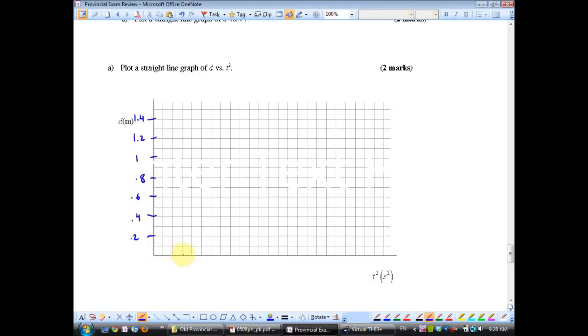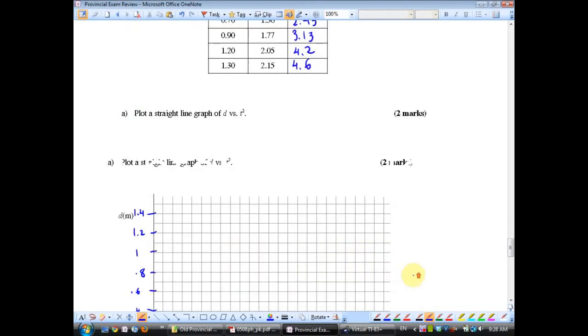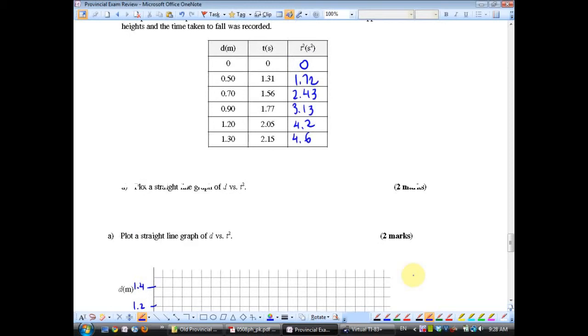That's 26 squares. I don't know. Each square be 0.2 maybe?